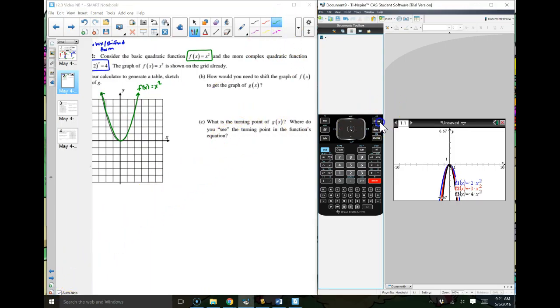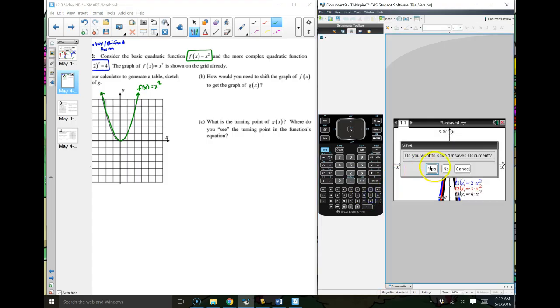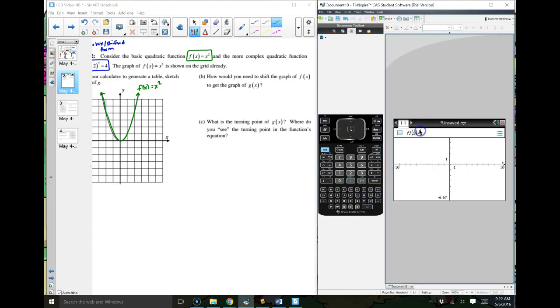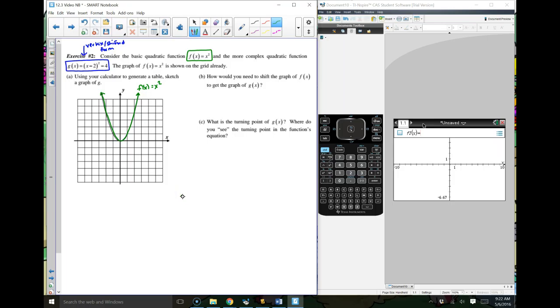I have my calculator over here. I'm going to get a new screen to graph. I'm going to hit Control N to get a new graph. No, I don't want to save changes and I want to add graphs. So here's what I'm graphing in blue, x minus 2 squared minus 4.